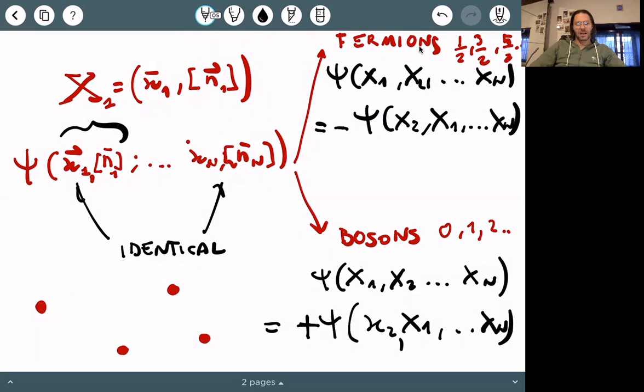And I'm going to elaborate on that in a moment. For instance, you may say, well, come on, we know that all that we can measure are actually probabilities.